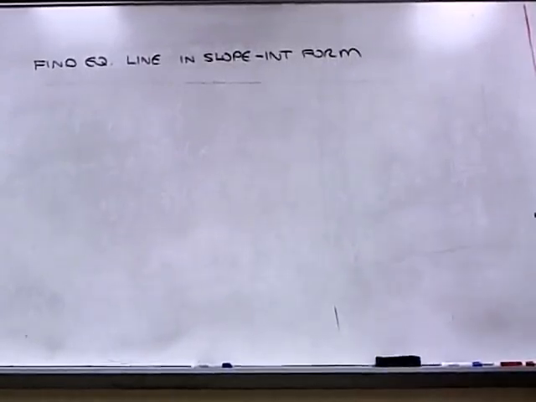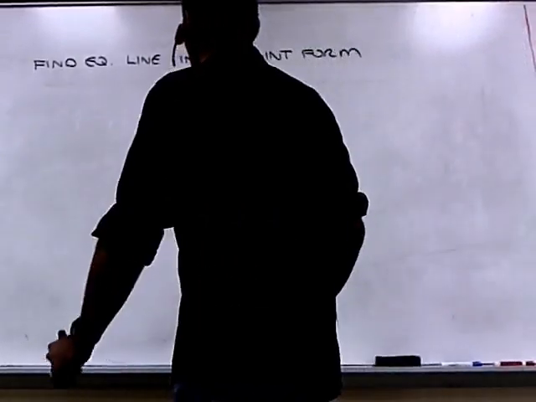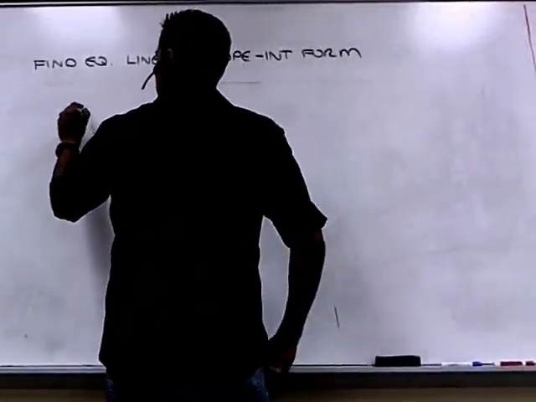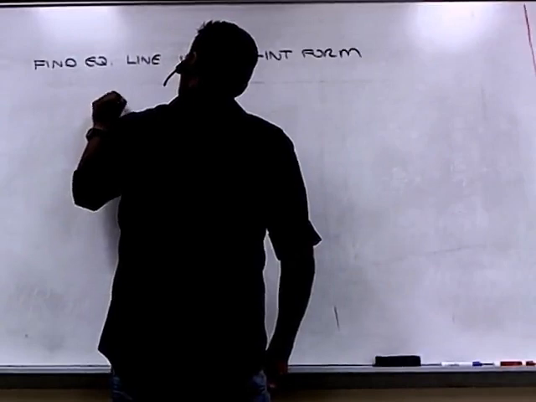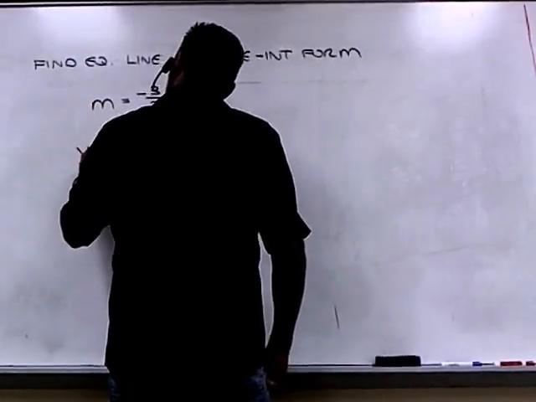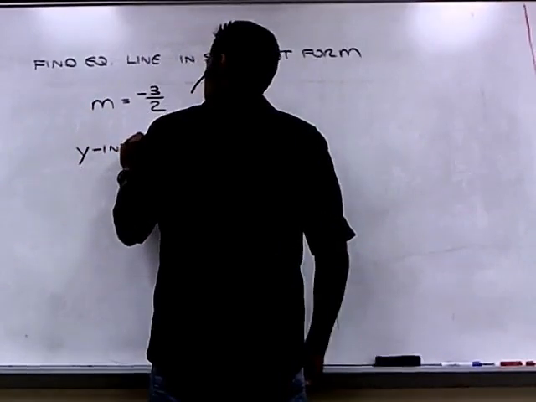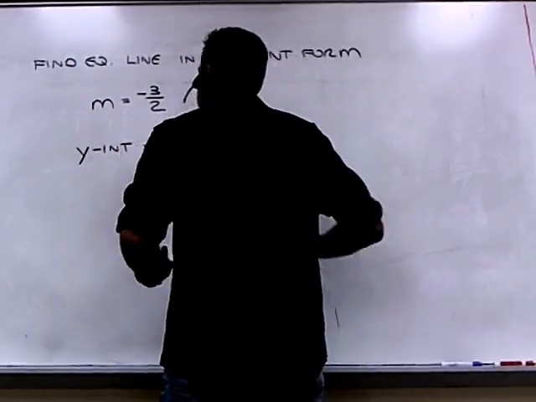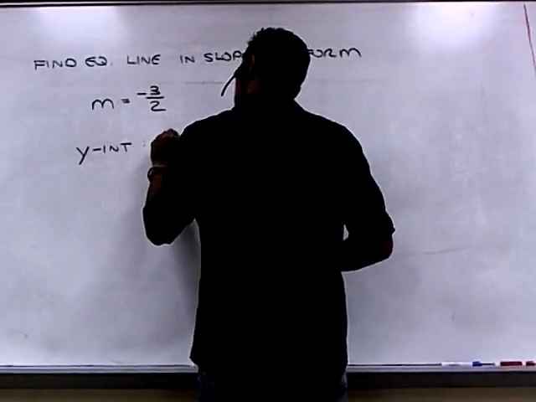So I want you to give me the equation of the line in slope-intercept form if I give you this, okay? Here's what I'm giving you. The slope is -3/2, and the y-intercept is 2.